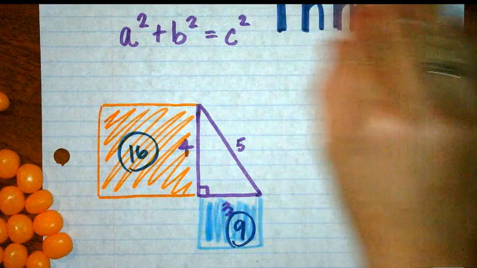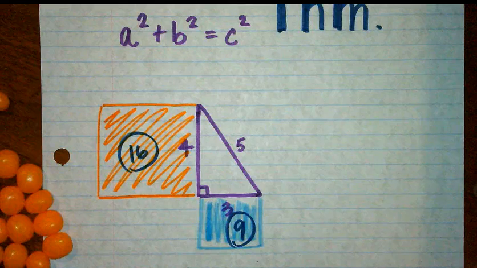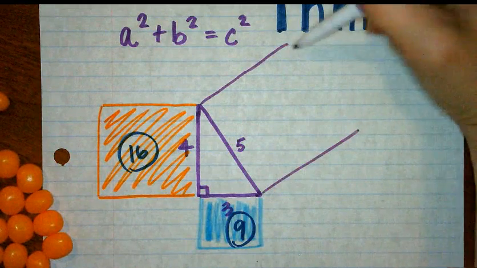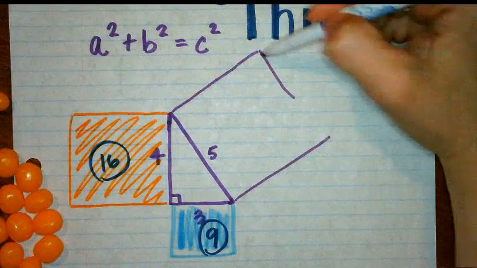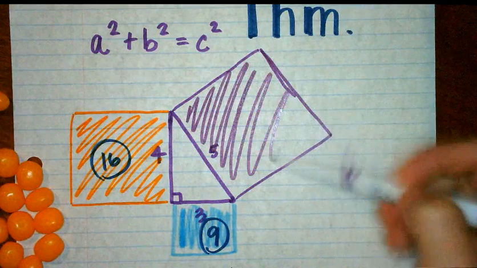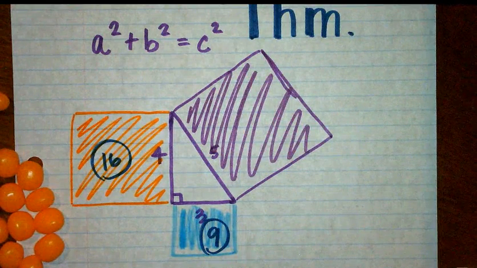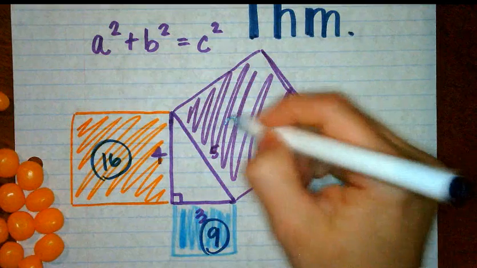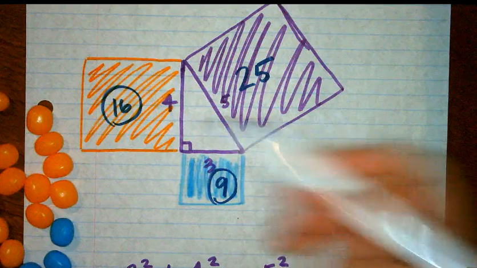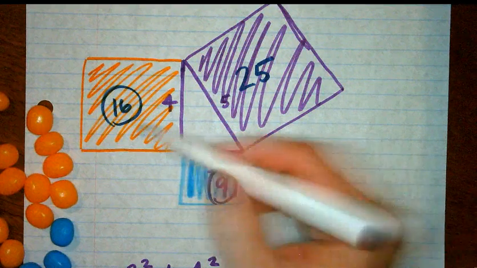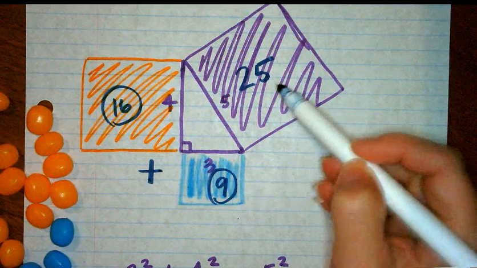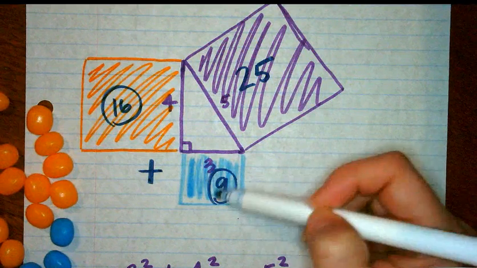Then if we move those out of the way, these were the purple jelly beans, and I ended up with 25 jelly beans in there. So literally, if I added these two squares together, they would equal that square in size.